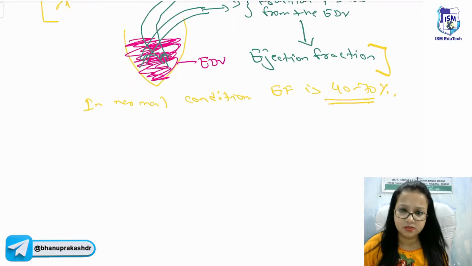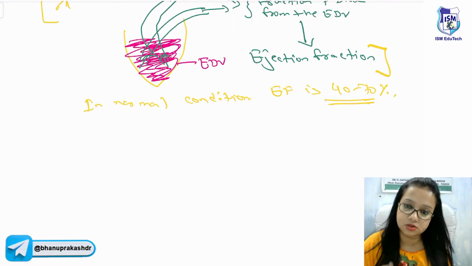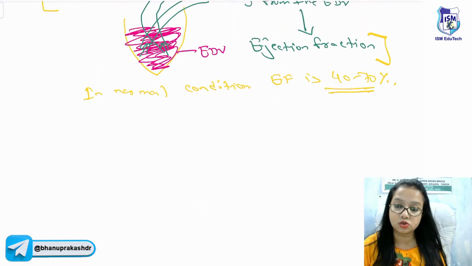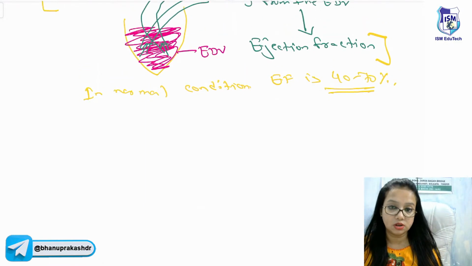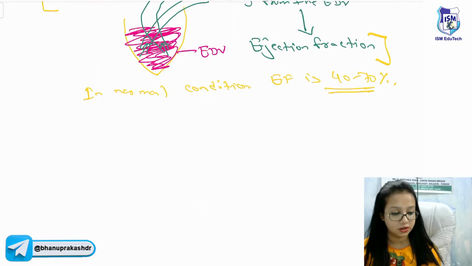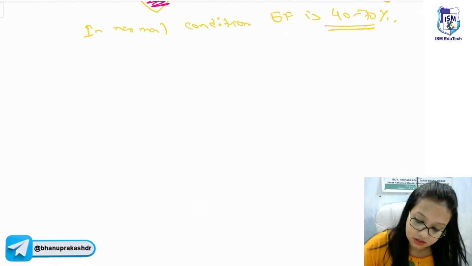Okay, maybe heart failure, maybe a hypertrophic ventricle, something it will signify. So for now, just this much is enough. This is our ventricular diastole and systole. Ventricular pumping out, and before that we understood the filling of the blood into the ventricle. Now, next what we have is the, okay.